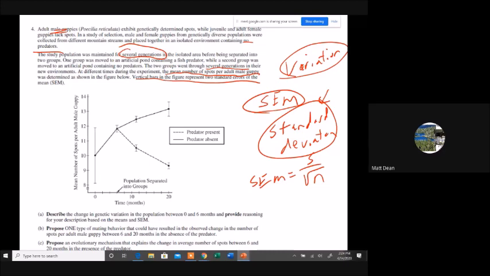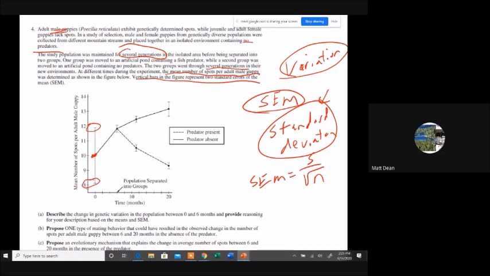So keeping that in mind, let's look at question A. Describe the change in genetic variation in the population between 0 and 6 months and provide a reasoning for your description based on the means and the standard error of the mean. So what we notice at 0 months, the mean number of spots is 10, but our 95% confidence interval goes almost all the way down to 8 and all the way up to 12.